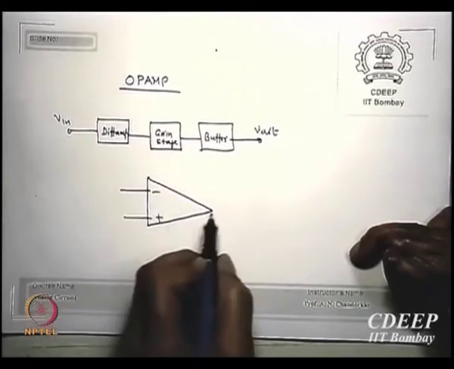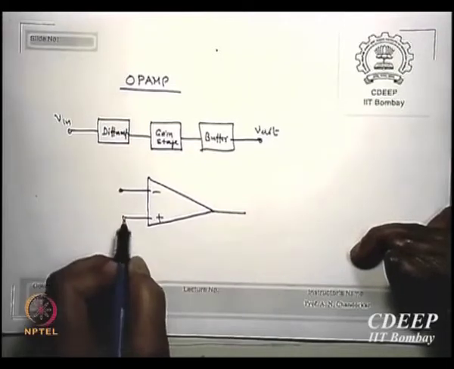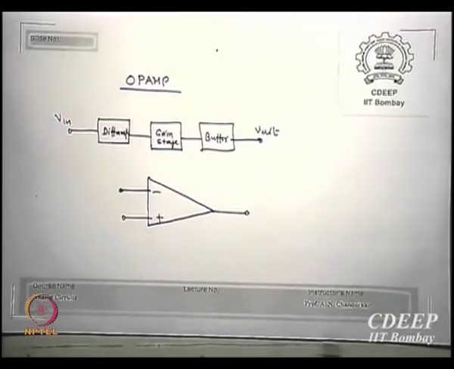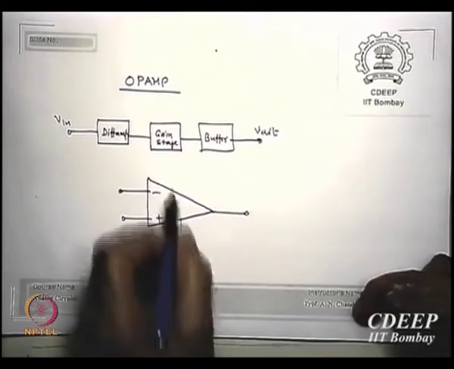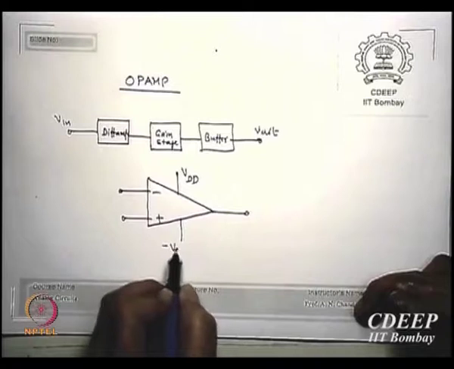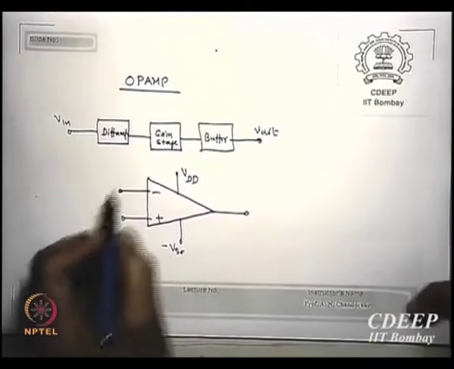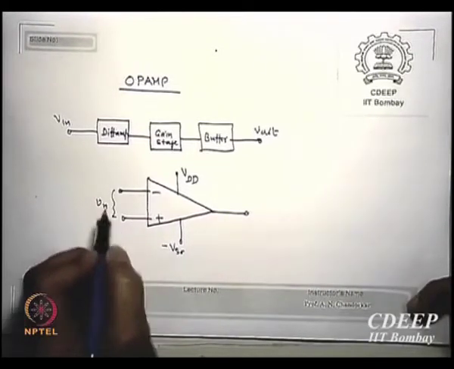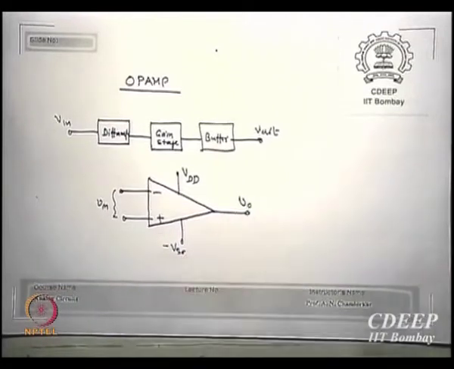Of course this plus minus is relevant, but of course there are bias points they also show here, plus VDD minus VSS. This is your V in, in some way connected, and this is your VO.